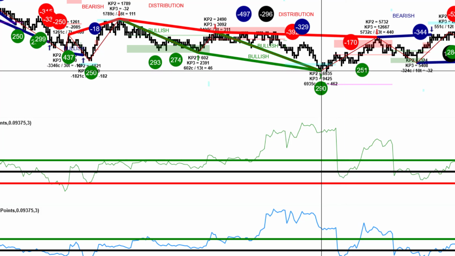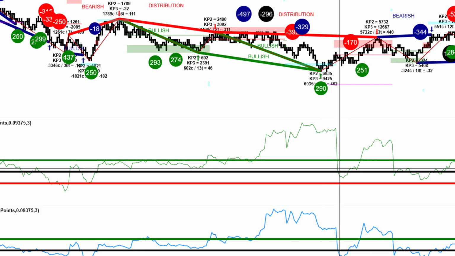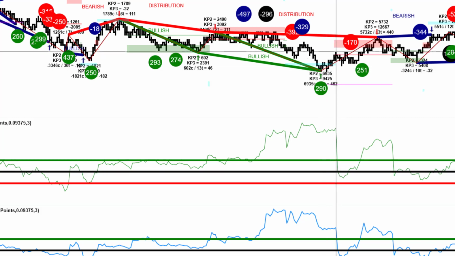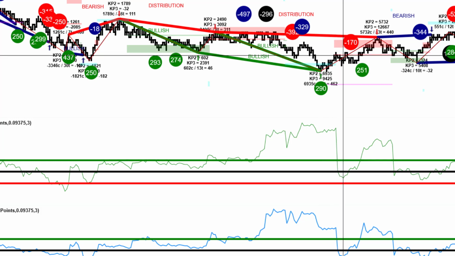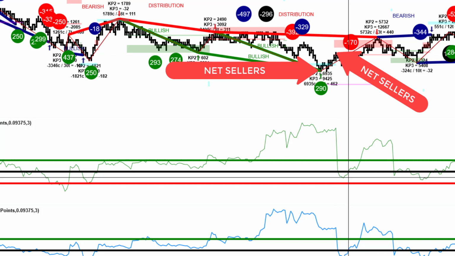Okay, so that's reflecting again the overall selling from that point to the new zigzag. Look at what this is telling you. This is telling you that from here to here, there was a net number of sellers. And it actually got lower at this point on the chart right there.